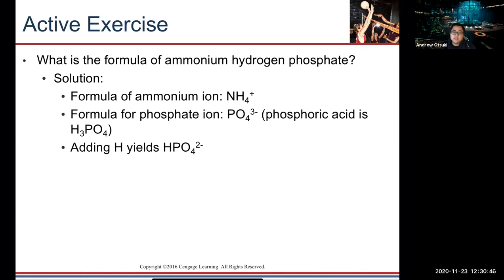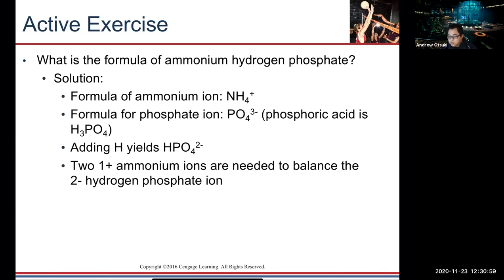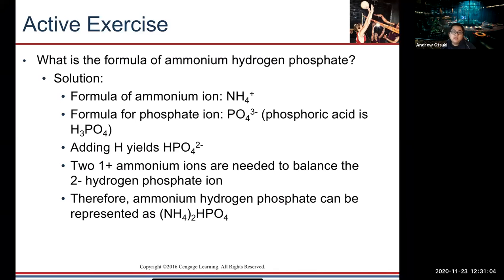So for ammonium, we must have two ammonium ions to balance the charge from the hydrogen phosphate. So 2 ammonium ions will balance, and therefore it's (NH4)2HPO4, ammonium hydrogen phosphate.